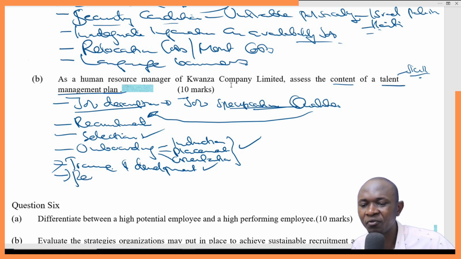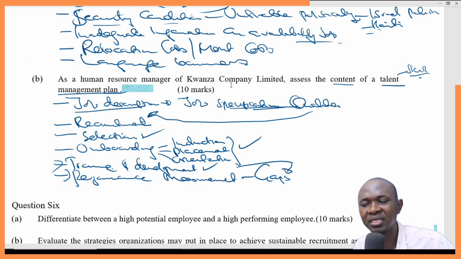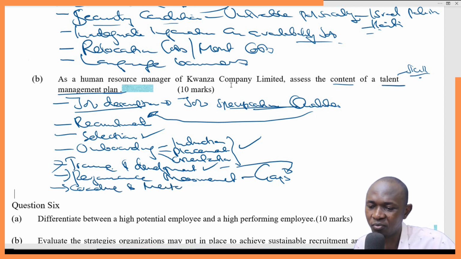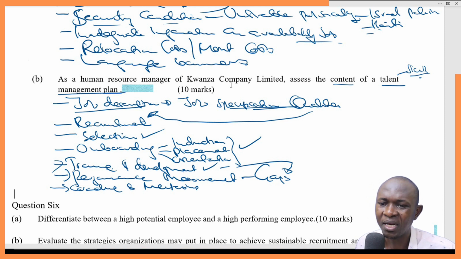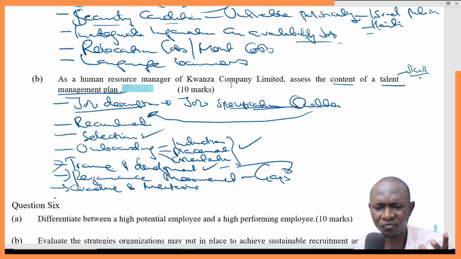We expect performance measurement, so that you can know the gaps and work on filling these gaps through training and development, and possibly coaching and mentorship. So coaching, mentorship, these are things we expect here. We expect a lot of this when we talk about a talent management plan, so that we always improve on the value of this person.